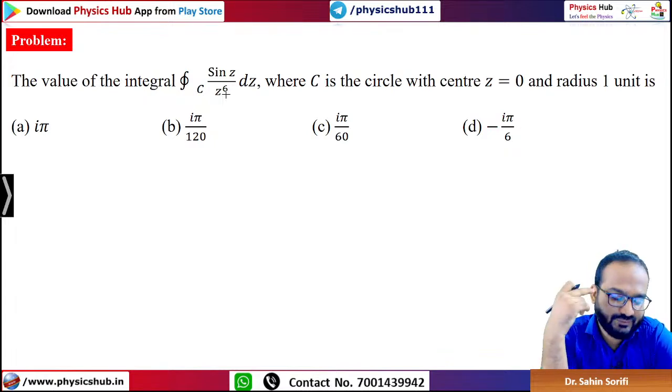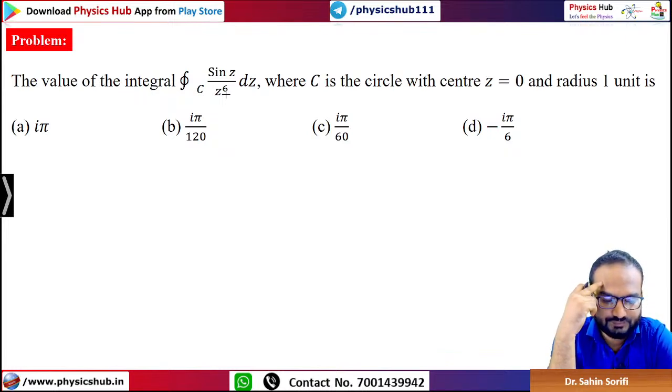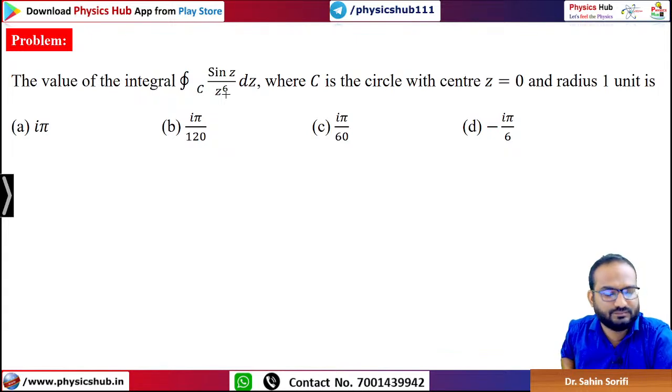So for this problem, which method will be beneficial? Expansion method or setting the denominator equal to 0? Expansion? Yes.